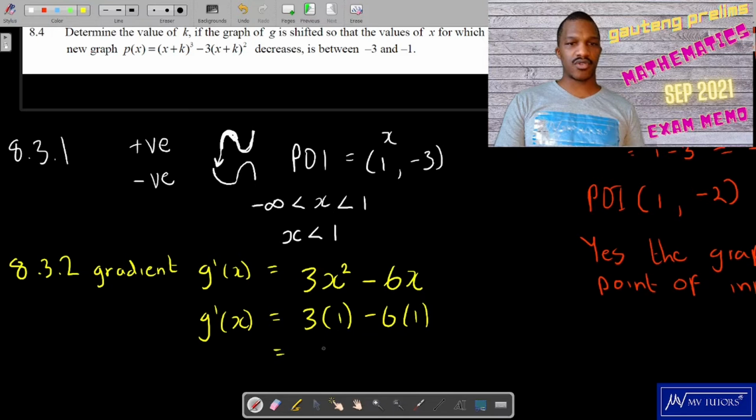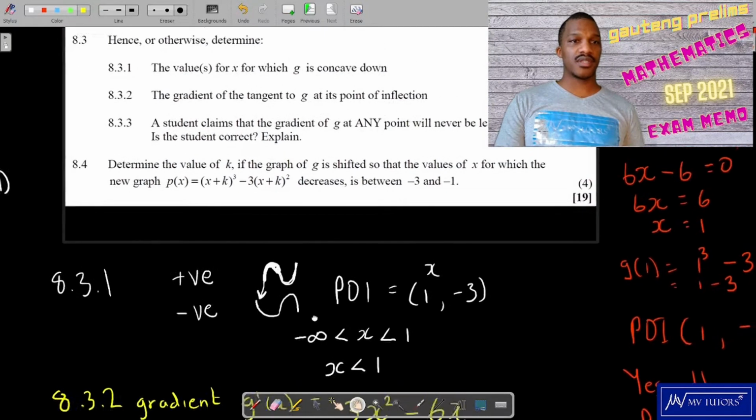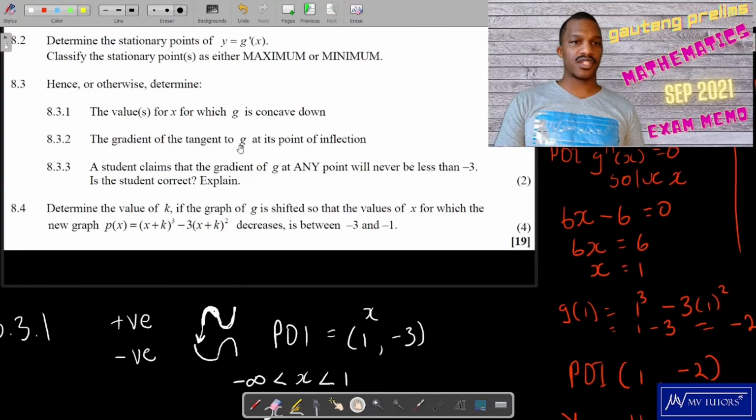So it's going to be 3 minus 6, which is minus 3 as a final answer. Okay, so that is the gradient of the tangent to G at the point of inflection.